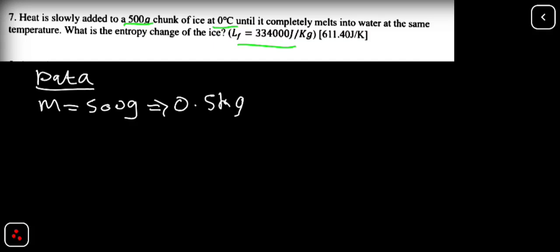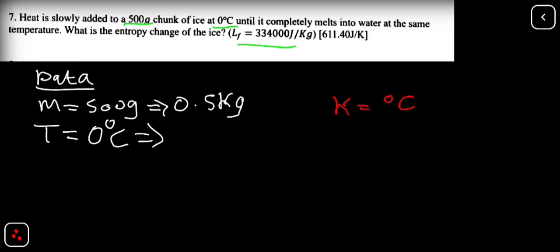you're going to get 0.5 kg. The next data we have is temperature, denoted by T, which is 0 degrees Celsius. Kindly note that our temperature is supposed to be in Kelvin. To convert the temperature into Kelvin, we use the formula K is equal to degrees Celsius plus 273.15.